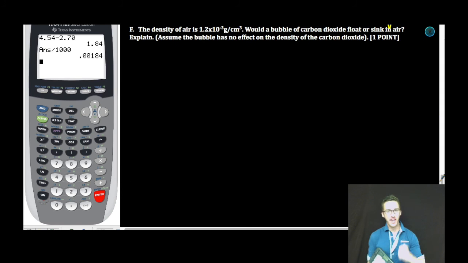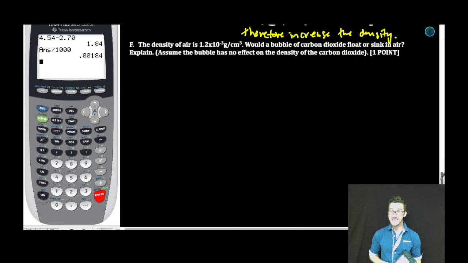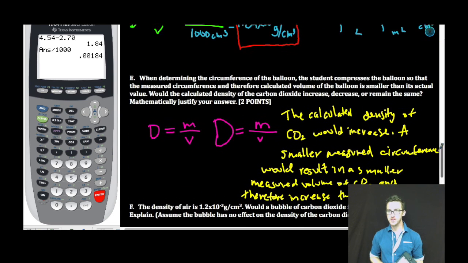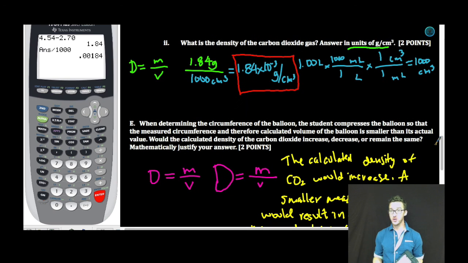All right, and that brings us to part F. We're finally there. It says the density of air is 1.2 times 10 to the minus 3 grams per cubic centimeter. Would a bubble of carbon dioxide float or sink in air? Explain. Assume the bubble has no effect on the density of carbon dioxide. Again, in these problems, you're often going to use earlier parts of the problem to answer the question you're working on.